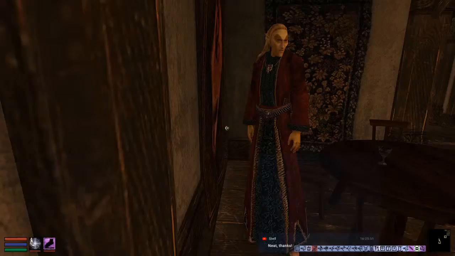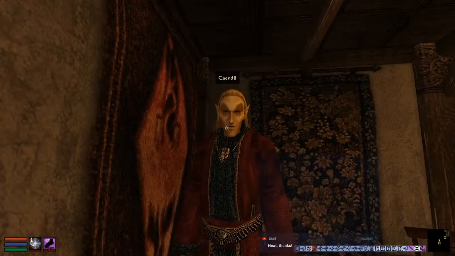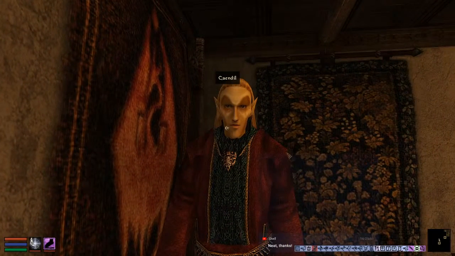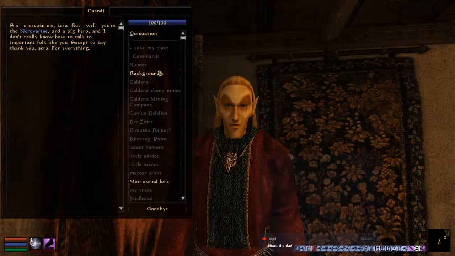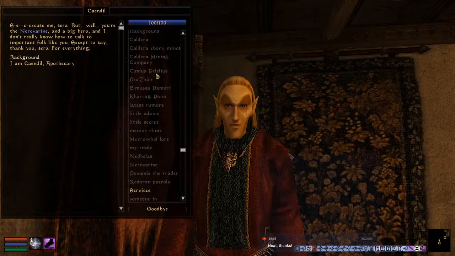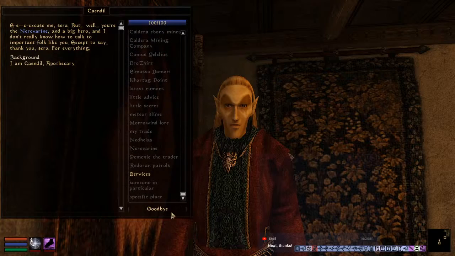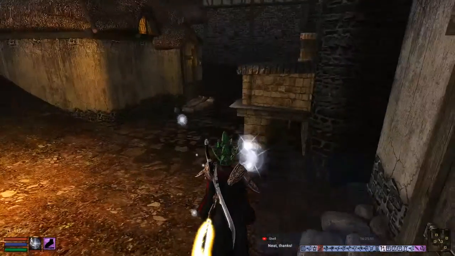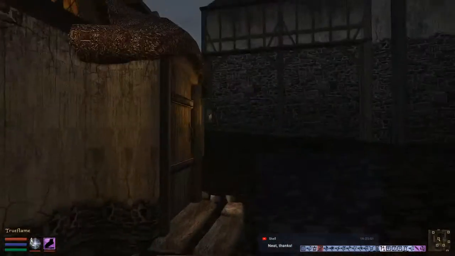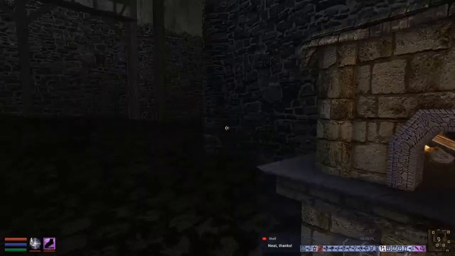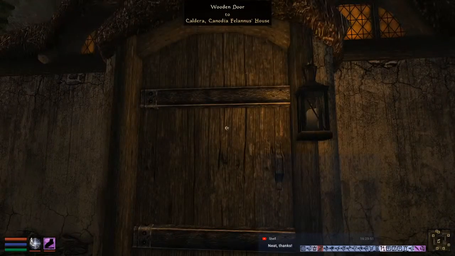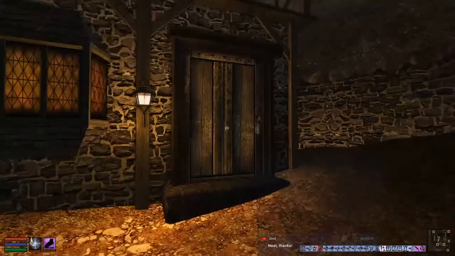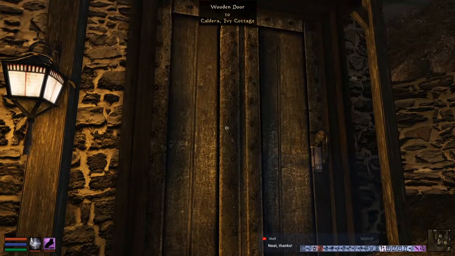Just not really telling us anything of use. Oh, candle here seems interesting. New houses, but nothing related.